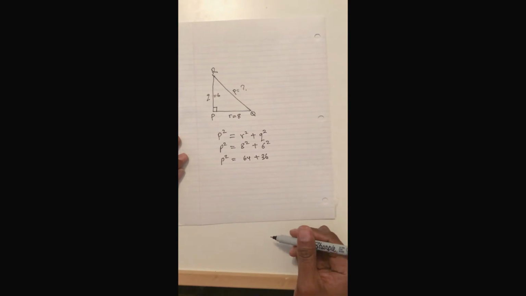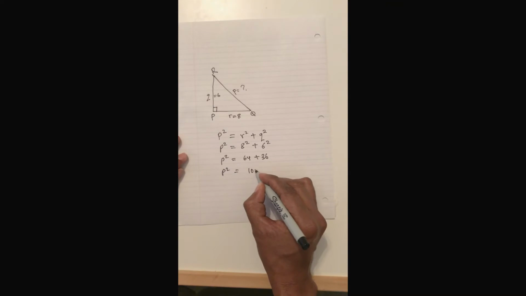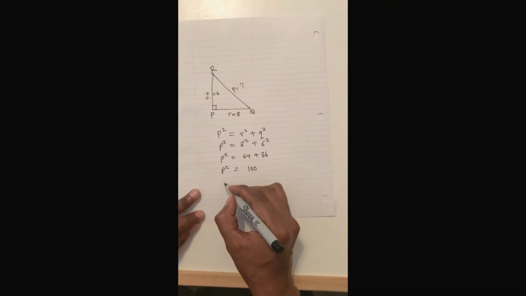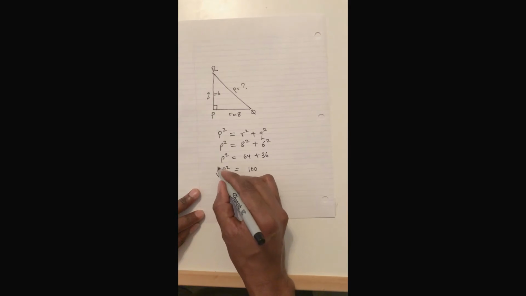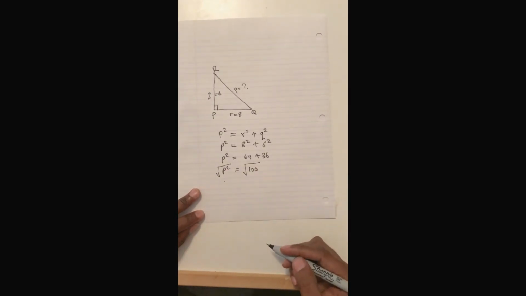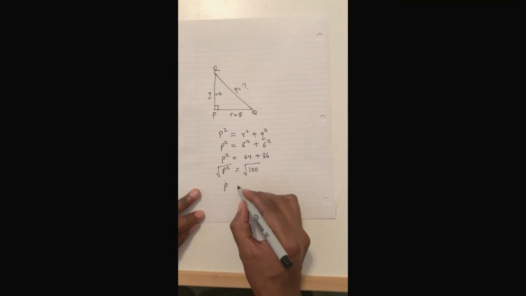When you add those two, you get 100. In order to find p, you have to square root both sides. Square root of this side of the equation and the square root of the other side of the equation. So p squared, when you square root, you will have p.